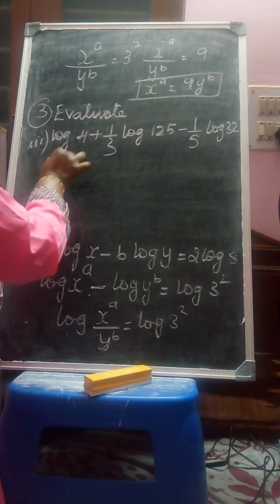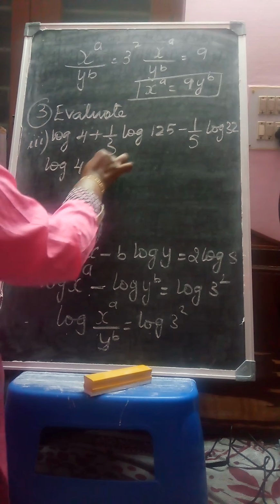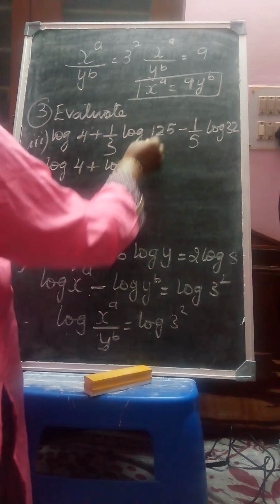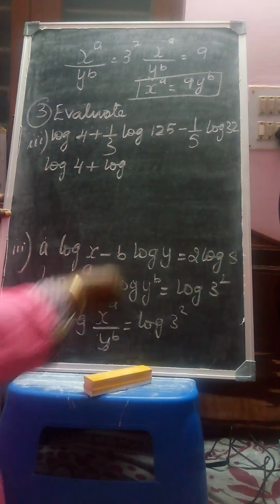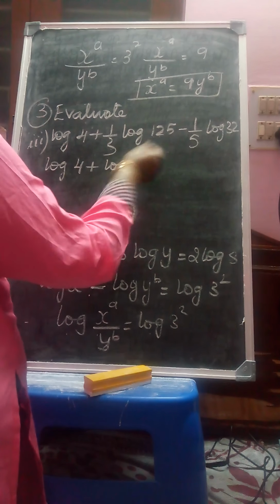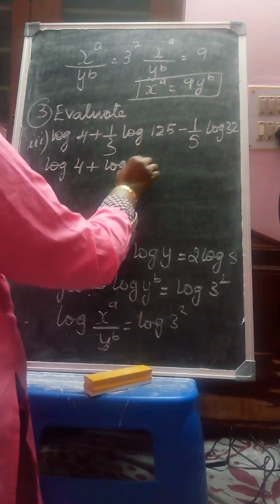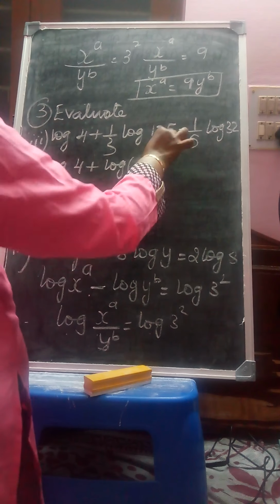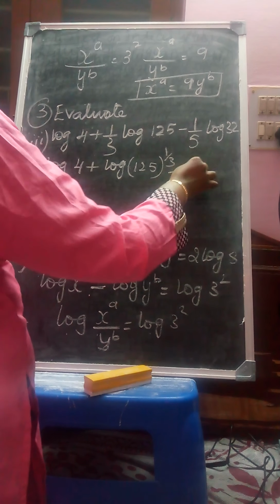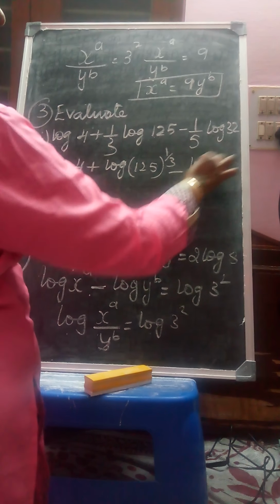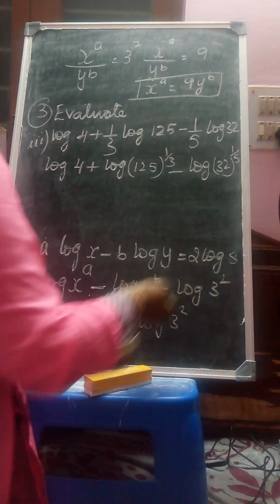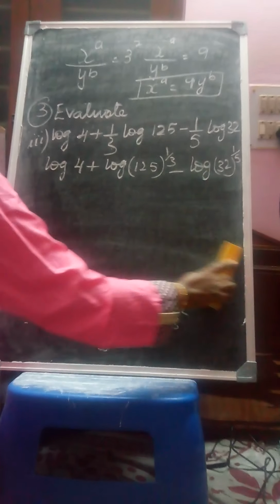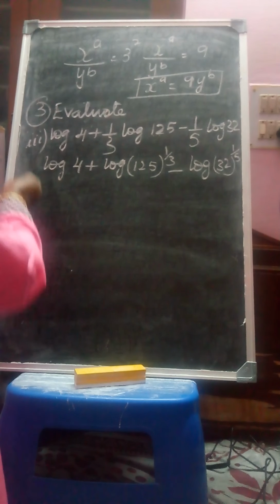So log 4 plus log cube root of 125. Otherwise you can write it as 125 raised to the power of 1 by 3, minus log 32 raised to the power of 1 by 5. Like this.